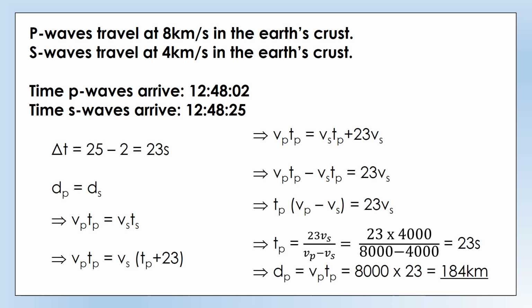So once we know that time, we can then calculate the distance using the speed, and we find out the earthquake's epicenter is 184 kilometers away. So that's actually how the calculations go. That's a bit advanced beyond what you need to know about seismic waves, but I thought it's useful to actually see how that works in action.